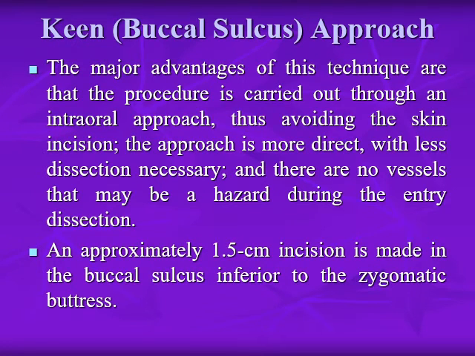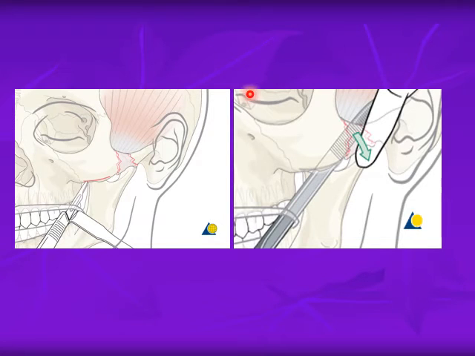The other approach is Keen's or intraoral approach. Okay. This is the intraoral approach by an incision above the upper six in the vestibule. Okay, about 2 cm in length.